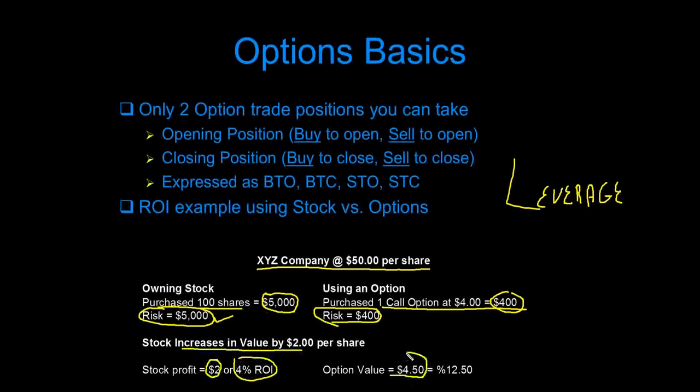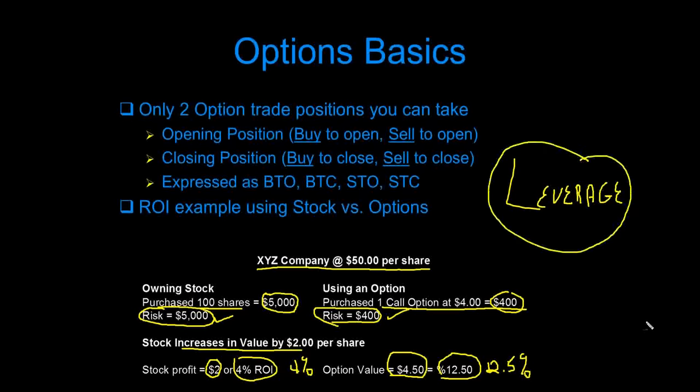Your option contract goes up to $4.50. If that's the case, you make 12.5% ROI. So in one situation, you make 4%, and in the other you make 12.5%, and you're only risking $400 to do it. So that concept of leverage is what makes options very exciting.